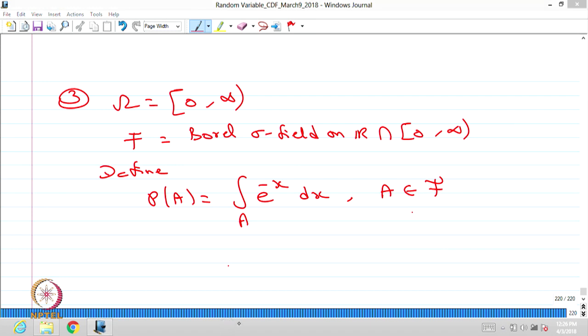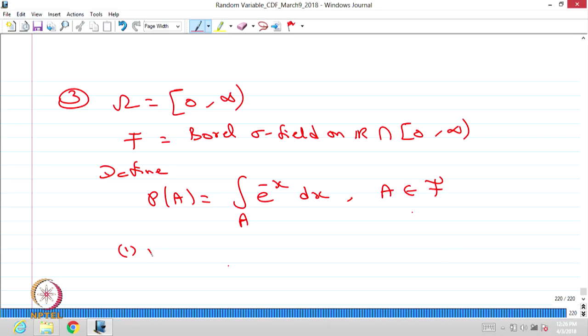Therefore, the integration over A, that is a Riemann integral. You know that if A is a singleton element, that is going to be 0. If A is going to be a closed interval or open interval, because it's a Riemann integral, the answer is going to be the integration over that interval of e power minus x dx. So always the first condition is going to be satisfied, that is P of A is always going to be greater than or equal to 0.